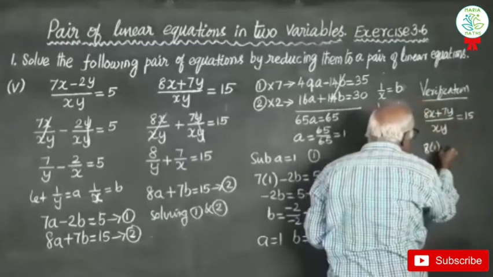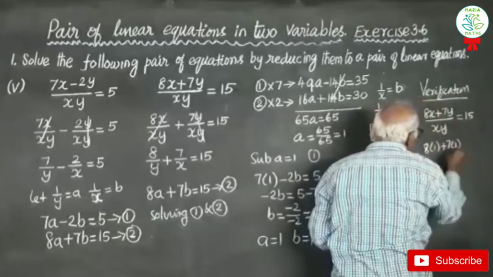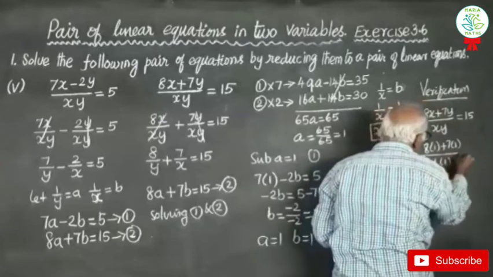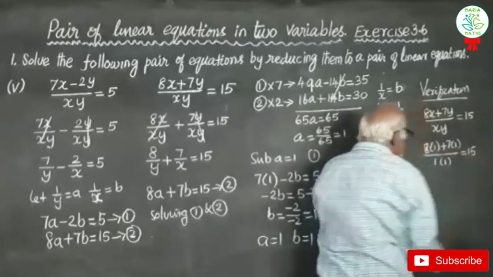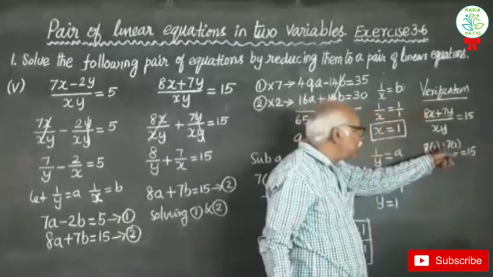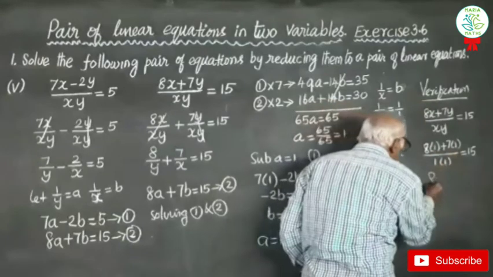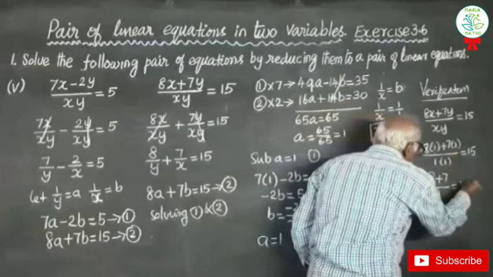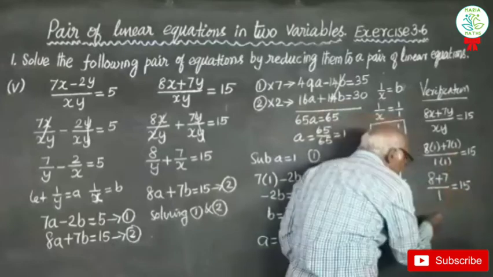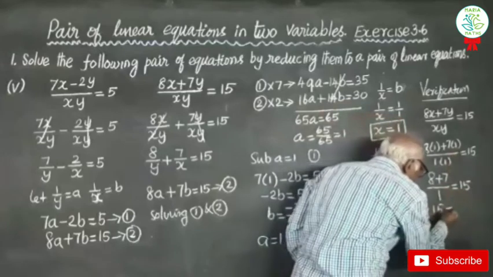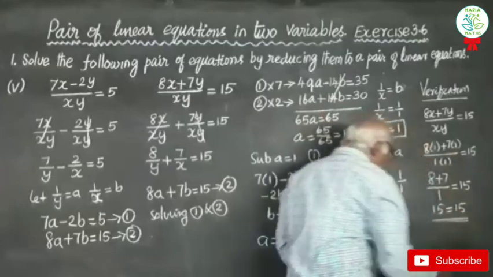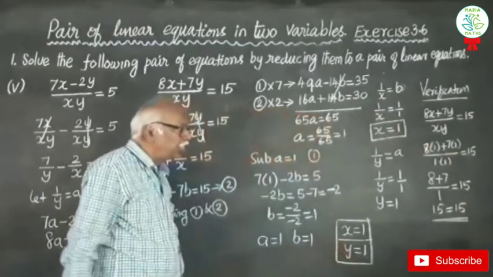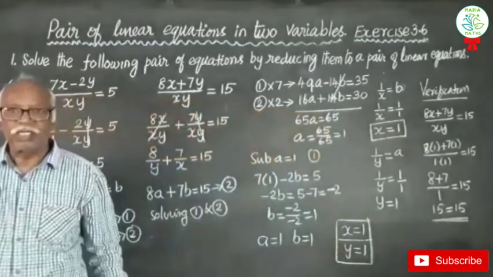So 8 into 1 plus 7 into 1, by 1 into 1. 8 into 1 is 8, 7 into 1 is 7. 8 plus 7 by 1 into 1 is 1. 8 plus 7 is 15, 15 by 1 is 15. So the answer is correct. x is equal to 1 and y is equal to 1 are the answers.